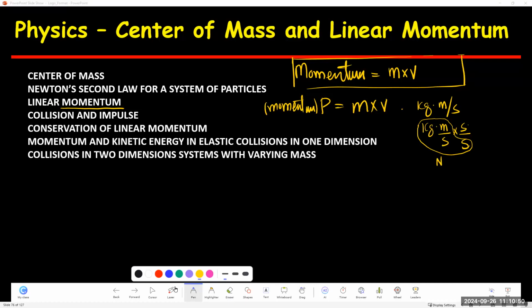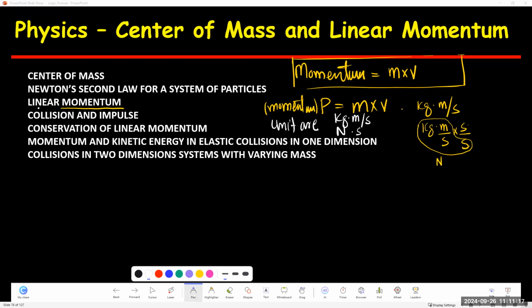So really, I can write the units of momentum are, the first unit should be kilogram meter per second. The other unit should be Newton second. Right? Newton second is the second kind of unit. So both units can be used, depending on which aspect you try to solve the problem.